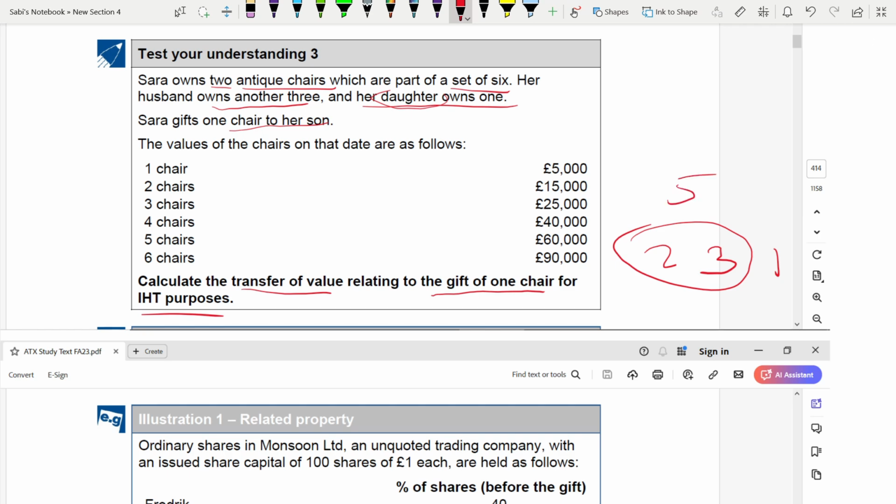Related shares are 5. After the gift, they have given 1 share to the son. They have given 1 share from 5, so now they will be having 4 shares. 1 is gone, 4. So now using this, we'll do the calculation A divided by A plus B. A is for the donor, B is the related property. So who is the donor here?